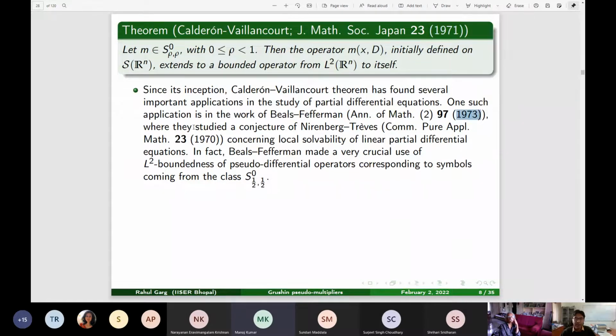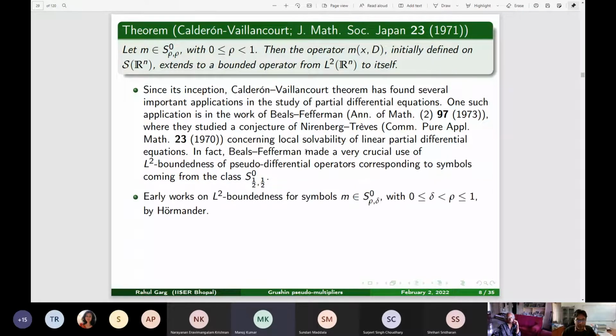In 73, they studied an old, not old, but rather important conjecture of Nirenberg and Treves. This was about local solvability of linear partial differential equations, and Beals and Fefferman made important advancement in this conjecture. One of the very important results that they used was knowing that L2 boundedness is true for half-half type symbols. So getting information on S0 rho was rather very important. This is the point I want to make.